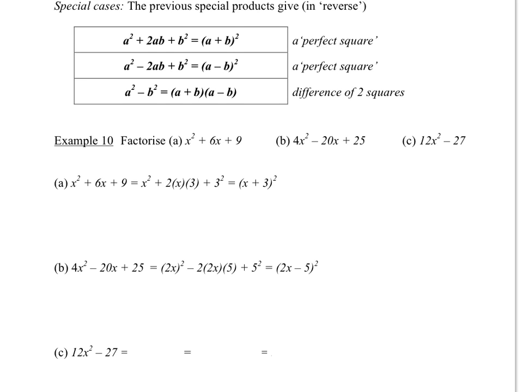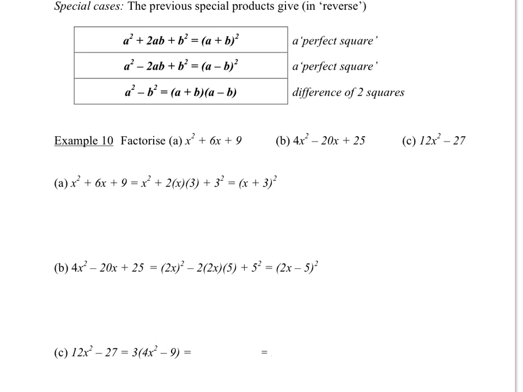And the last one, this one down here, well, the first thing we can do is look at these two values, 12 and 27, and think, is there a number that goes into both of those? And yes, that number is 3. And then we can look at this 4x squared and this 9 and think, okay, well, this 4x squared here is just 2x all squared, and 9 is 3 squared.